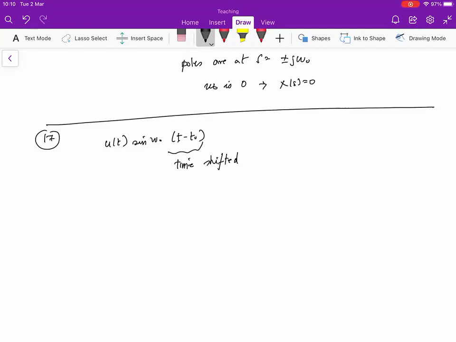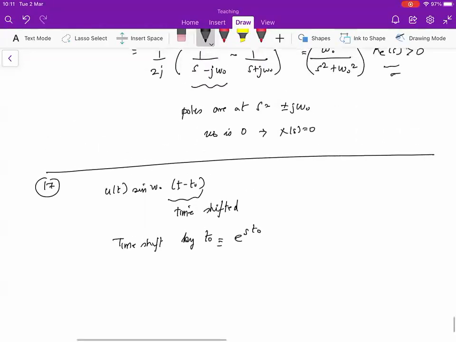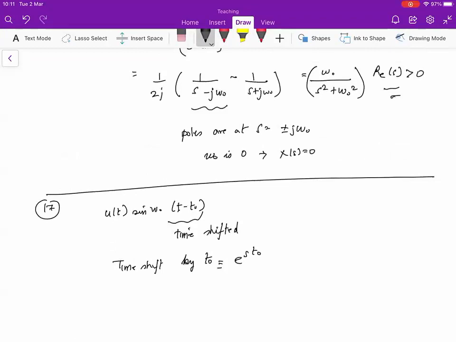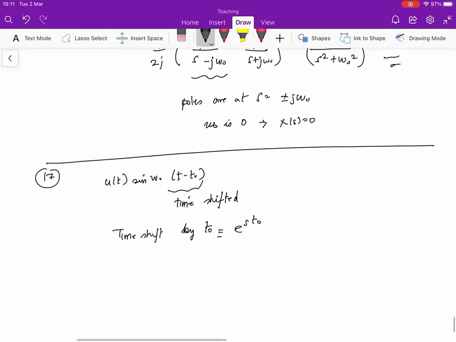And we know the time shifting rule says that if you time shift by t naught, this is equivalent to multiplying by e to the s t naught.